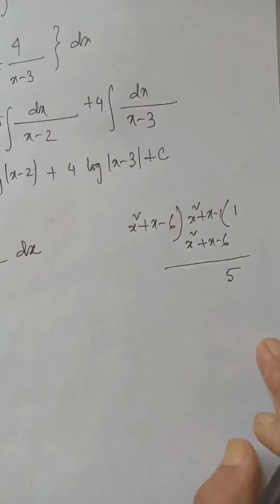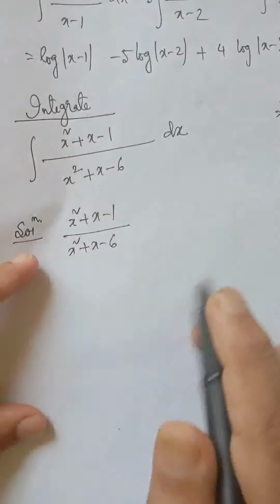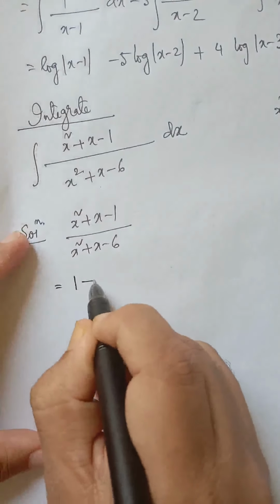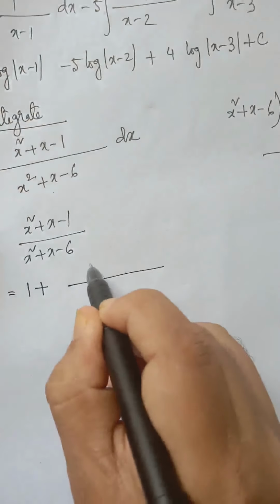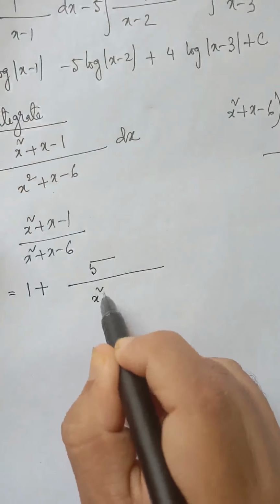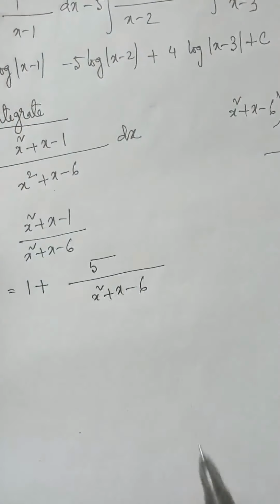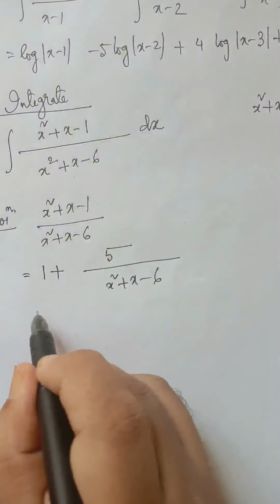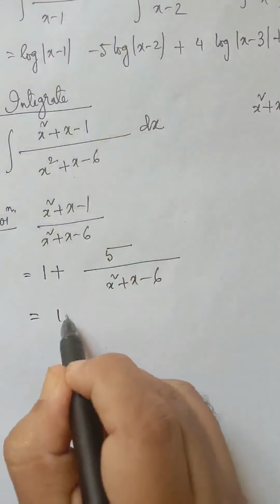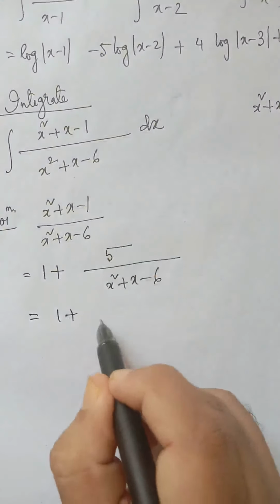So this is equal to quotient plus remainder over divisor, that is 1 plus 5 by x square plus x minus 6. Now you can see this is a proper rational function, as the degree of numerator is less than the degree of denominator.